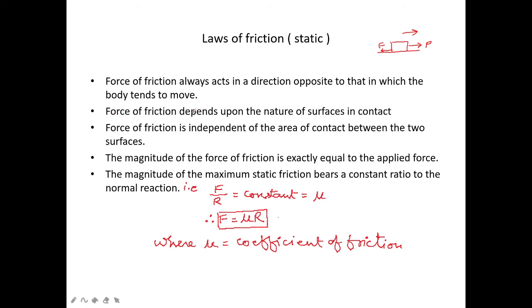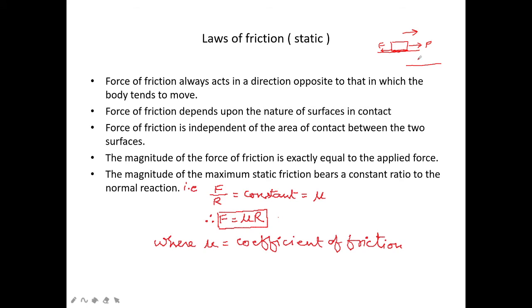Number two, the force of friction depends upon the nature of the surfaces in contact. Suppose the body is made up of wood and the floor is made up of masonry, then whatever friction is acting between wood and the masonry is not the same if the floor is, let us say, of tiles.